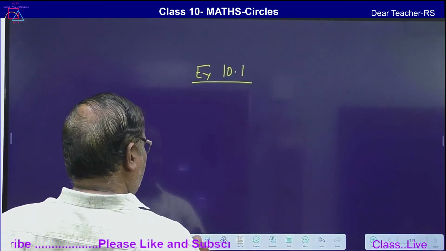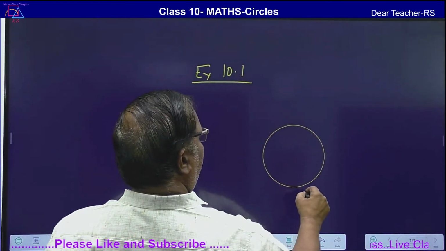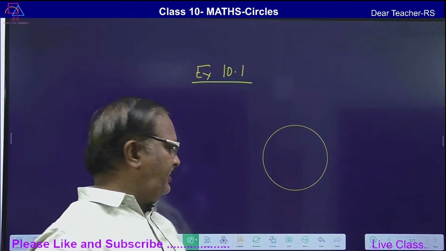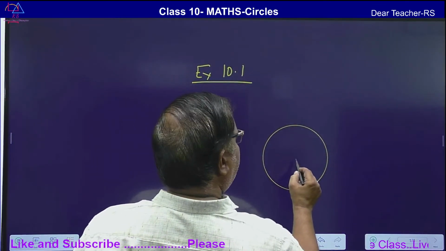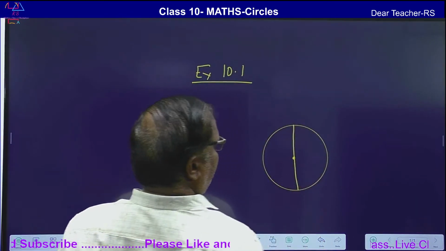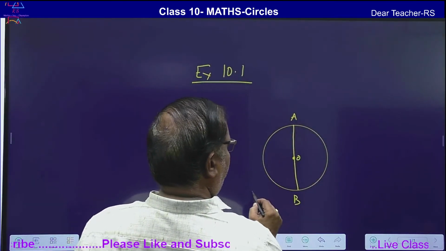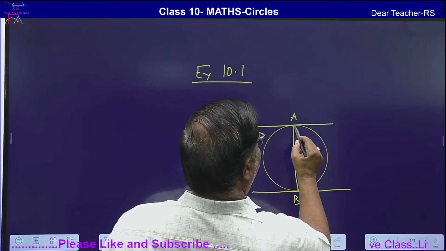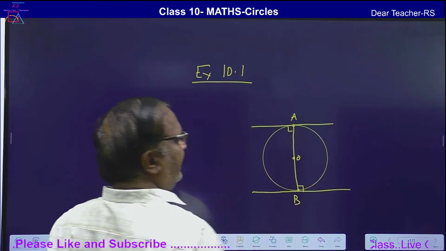So if you draw a circle, how many parallel tangents can you draw at one time? That is only two tangents. This is the diameter, AB is the diameter, so you can draw a tangent here and a tangent here, and these two tangents are parallel because alternate interior angles are equal.